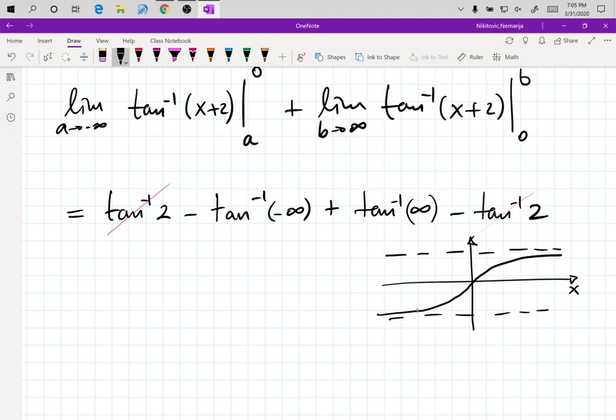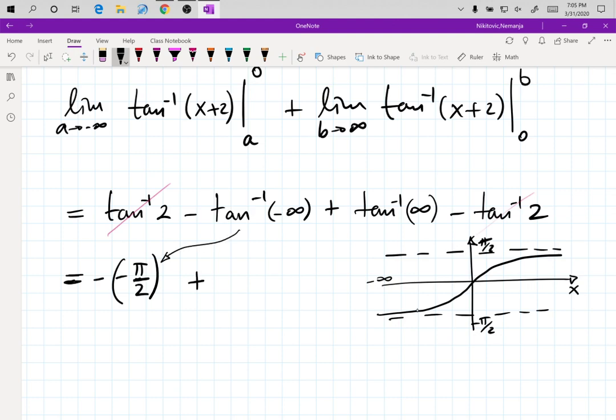So we have negative, this guy canceled. The first term canceled. So we have negative infinity. This is where negative infinity is, and it's giving us negative pi over 2 as the answer. That's negative pi over 2, and that's positive pi over 2. So that one is this.